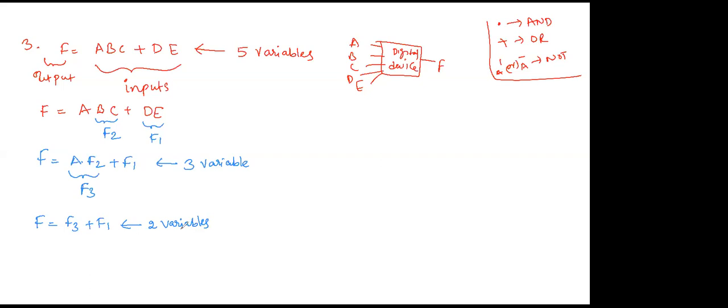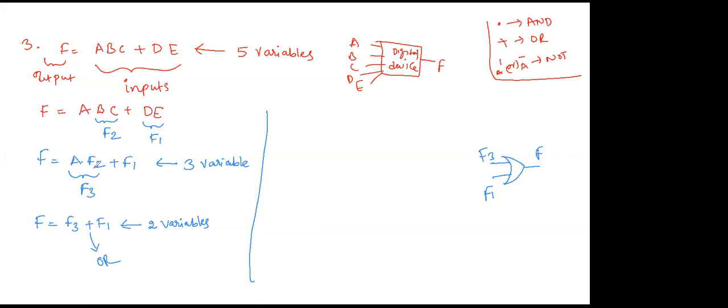Now draw the internal diagram. First, F is equal to F3 plus F1, and plus is nothing but an OR gate, a two input OR gate. Inputs F3 and F1. Next, what is F3?